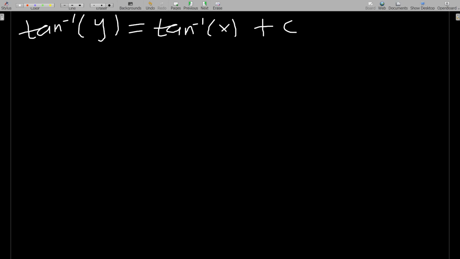Now, the reason I'm reminding you of this, the solution to 1 over 1 plus y squared dy, is that you apply the same thing to the integral of that. Let me go through it quickly with you.